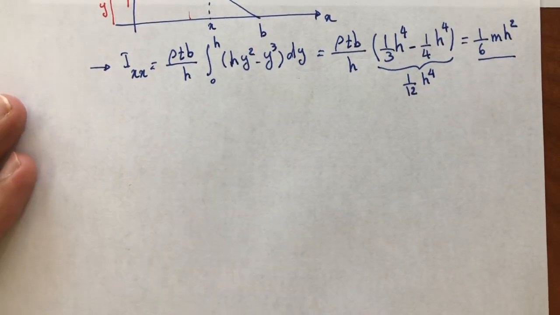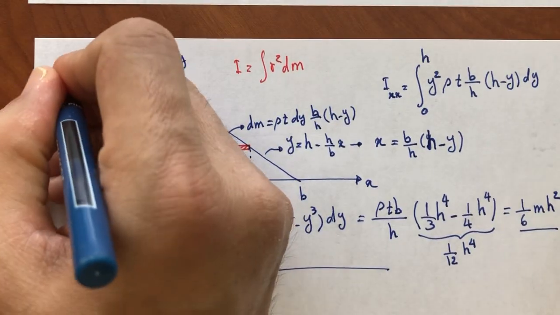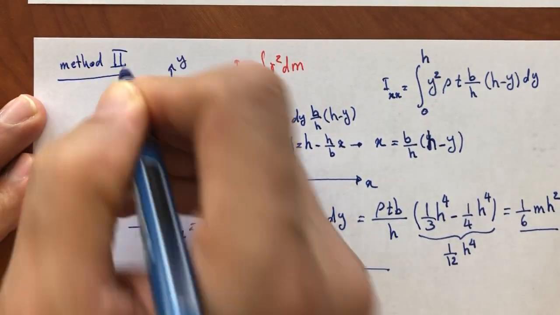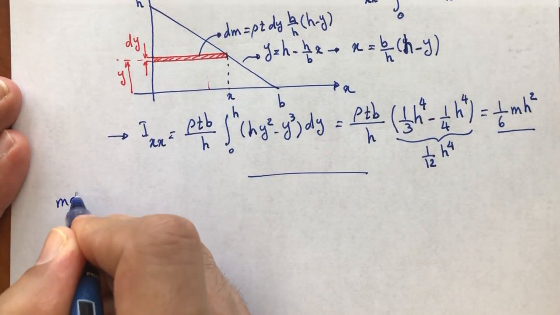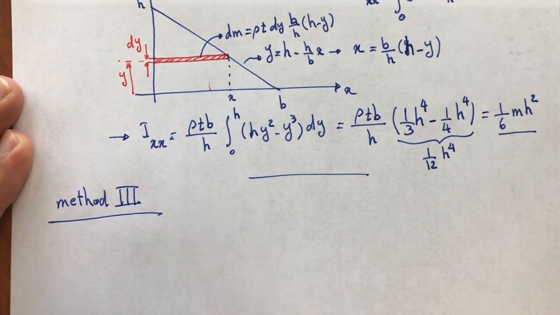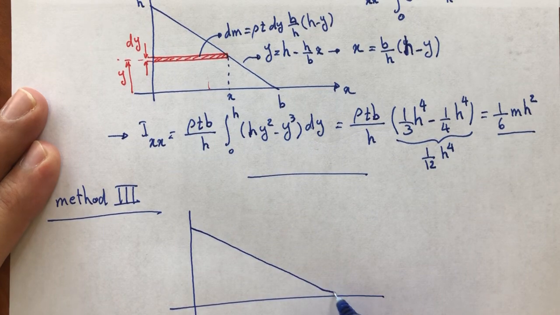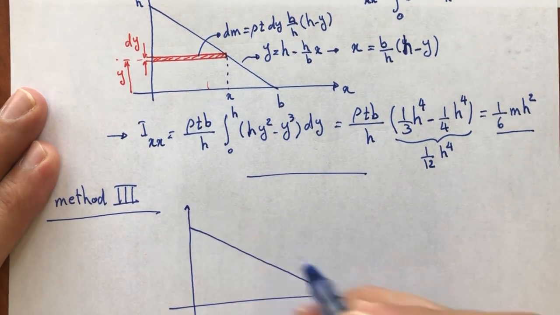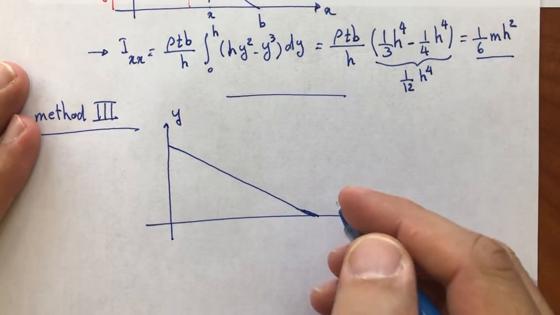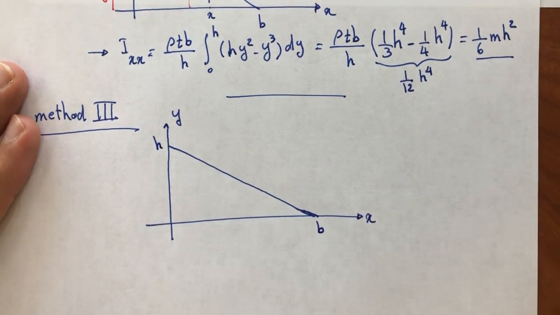And the last method, third method. So this was method 2, method 3. Same problem, xy, and this is b, this is h.